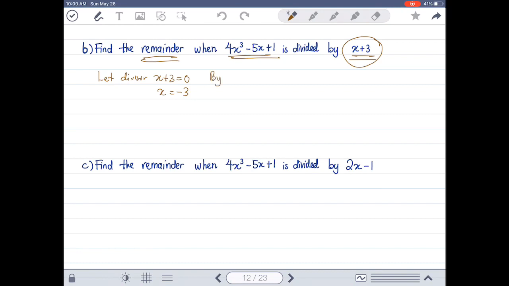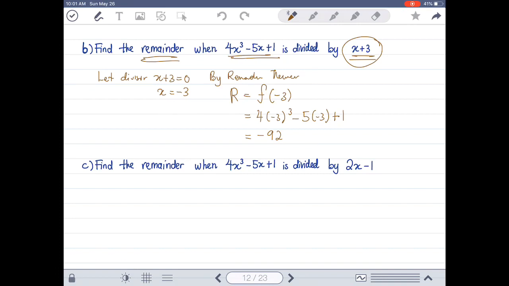By the remainder theorem, r is just equal to f(negative 3), which is just equal to 4 times negative 3 to the power of 3 minus 5 times negative 3 plus 1. The answer should be negative 92.